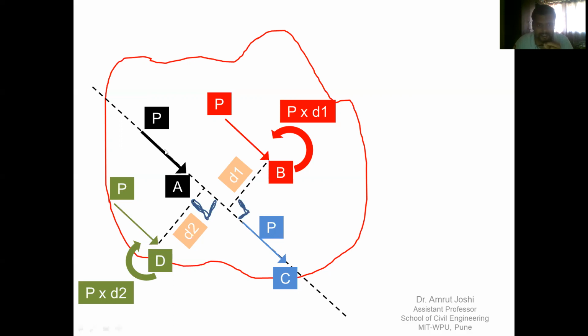Additionally, if we hold the body at D and it is free everywhere else, this force P acting at A is going to cause a tendency of clockwise rotation about point D.